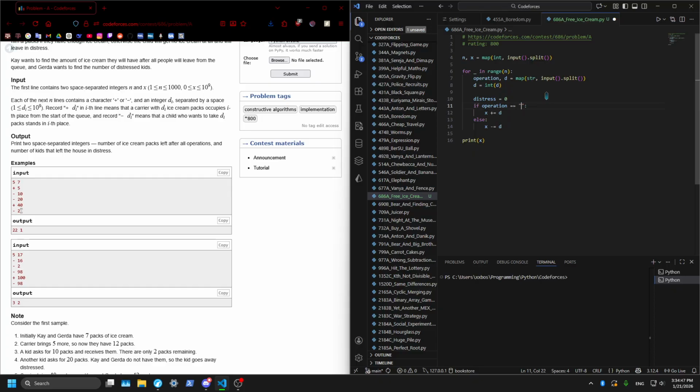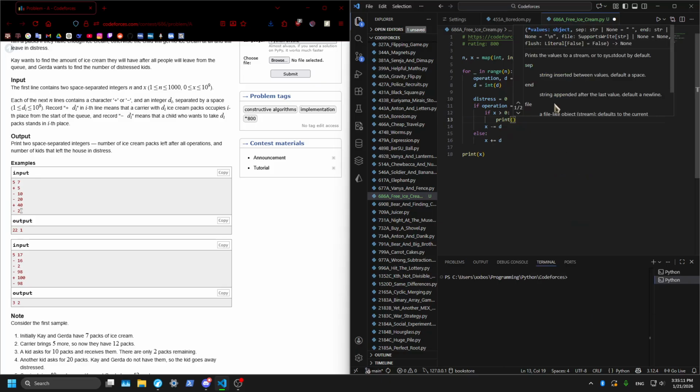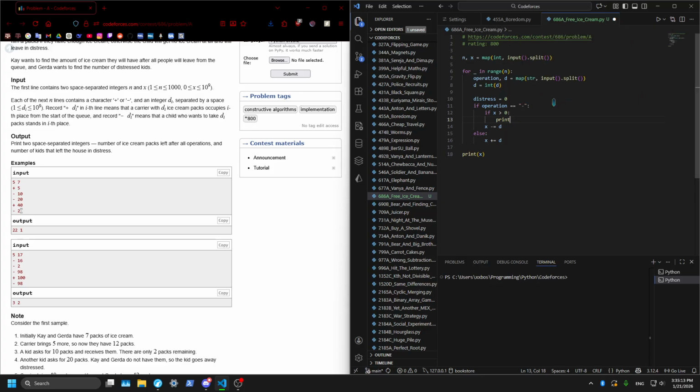Okay. And then we need to add an if statement here. If x is greater than 0, or if x is greater than 0, x minus equals d.